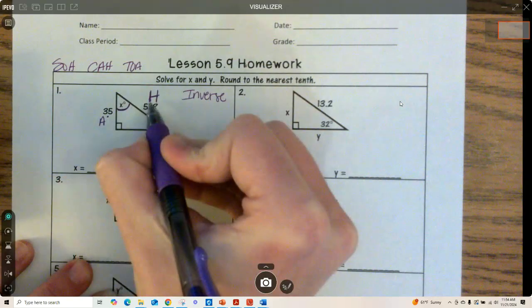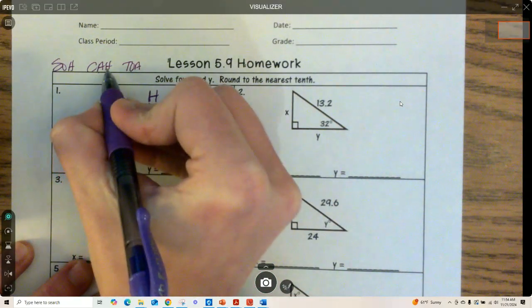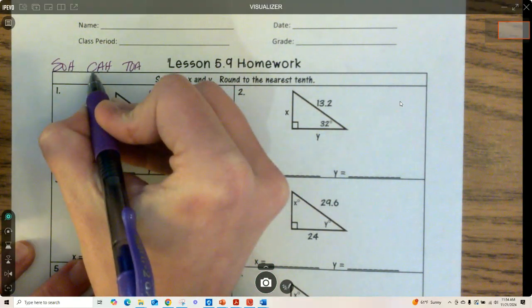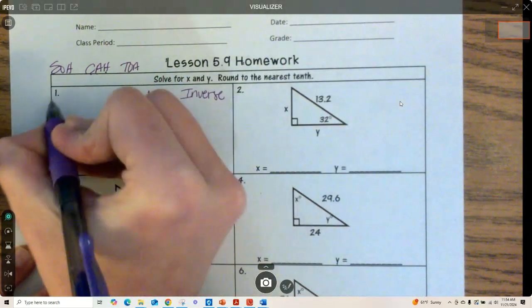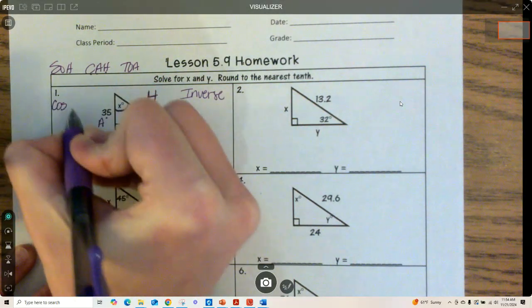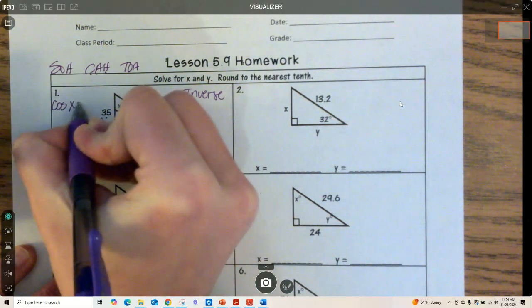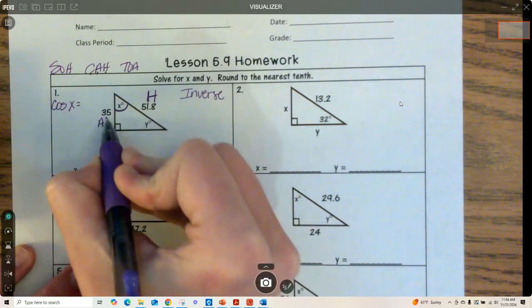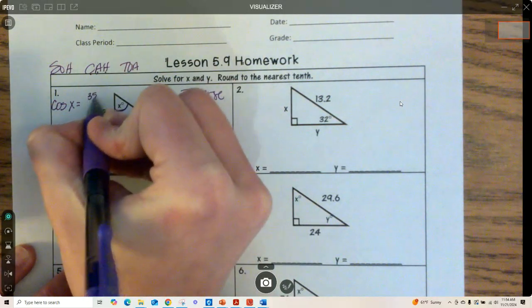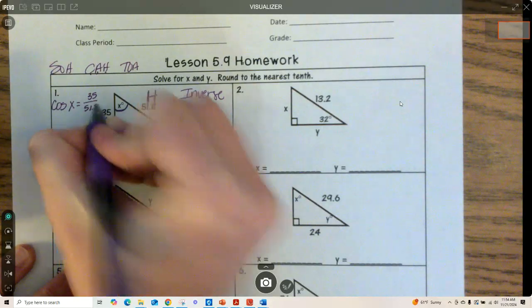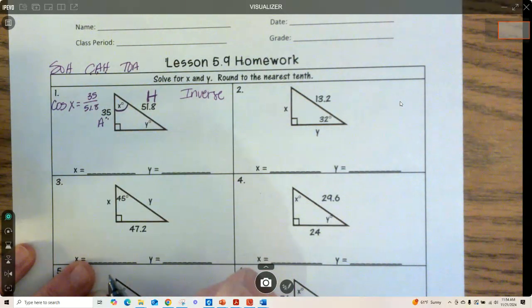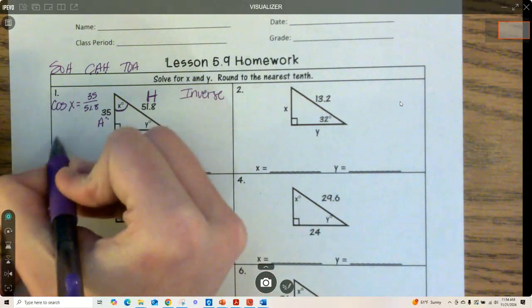Okay. So our little mnemonic device here. So we have an A and an H. A and an H. So C stands for cosine. So the cosine of X, adjacent goes on top, hypotenuse goes on bottom. Okay, and then we can do the inverse.